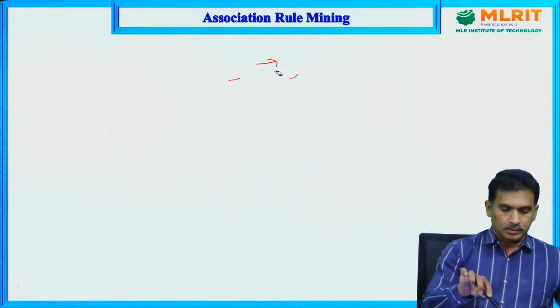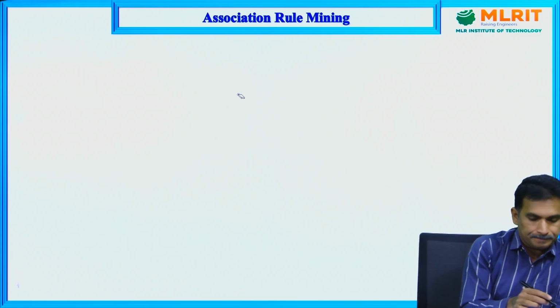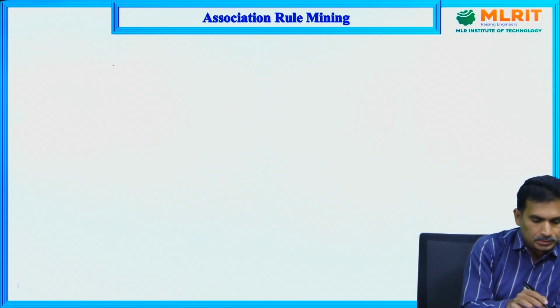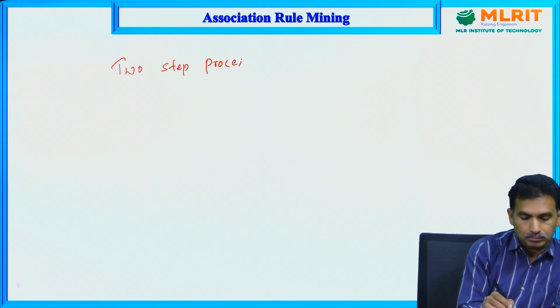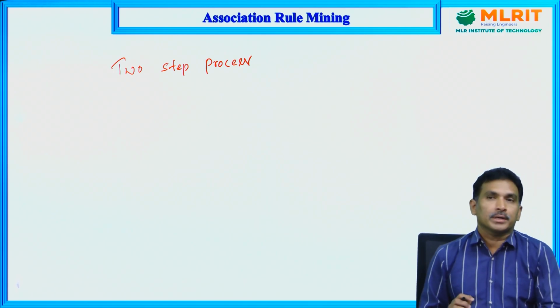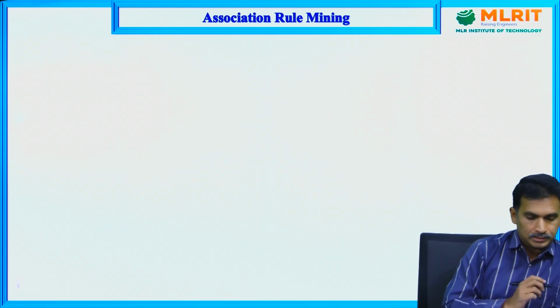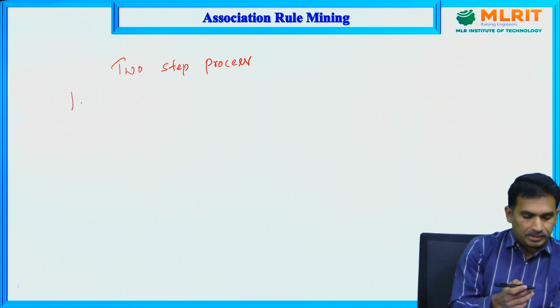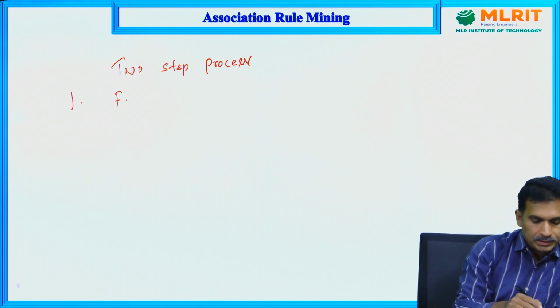So this association rule mining is a two-step process. The first step is the frequent item set generation.